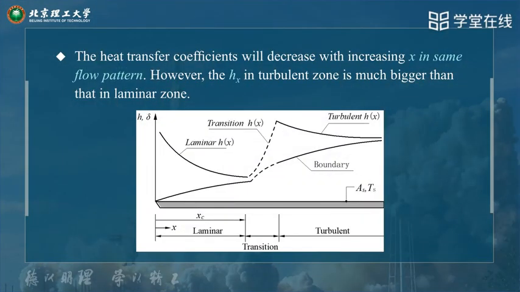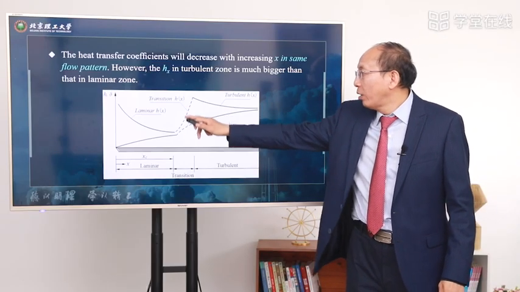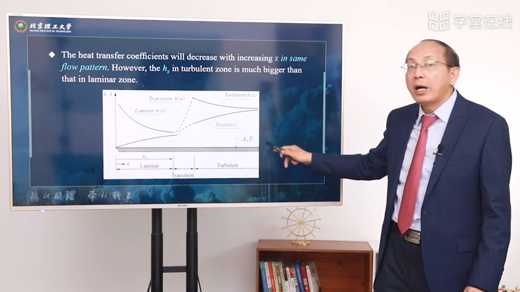The heat transfer coefficient decreases with increasing x in the same flow pattern, but hx in the turbulent region is much bigger than in laminar flow.